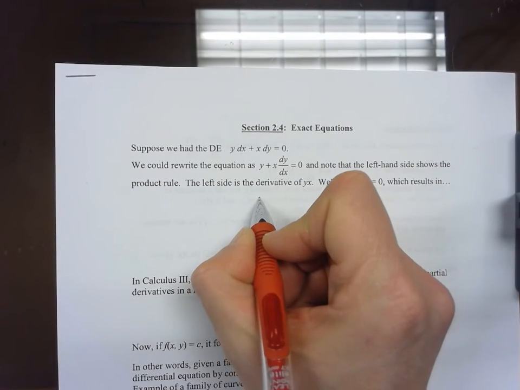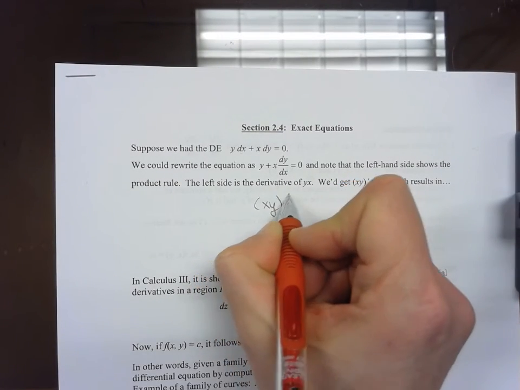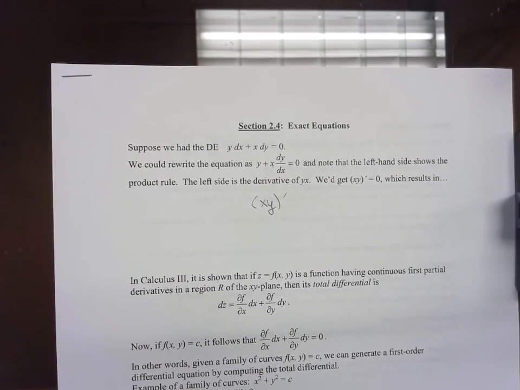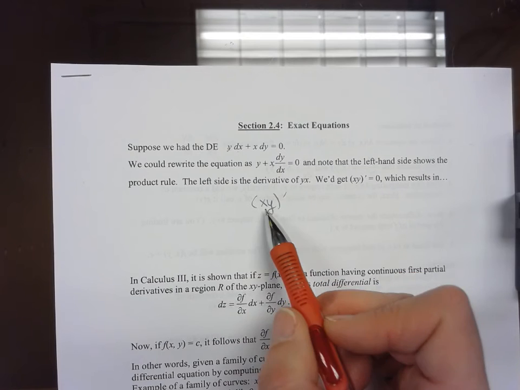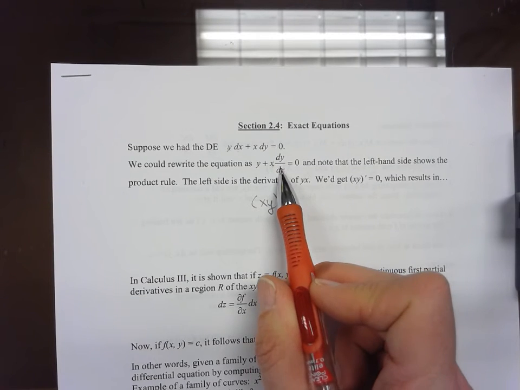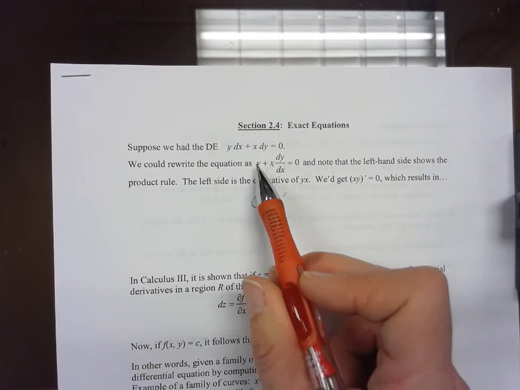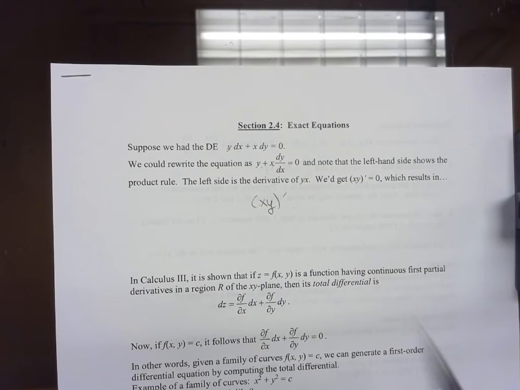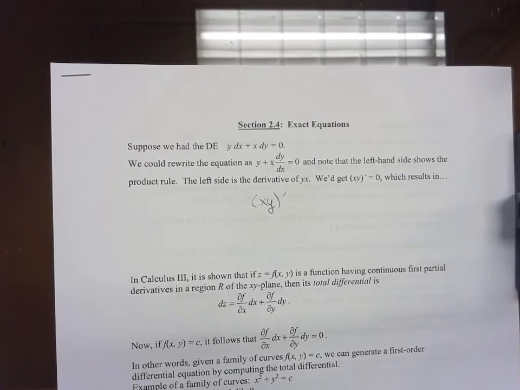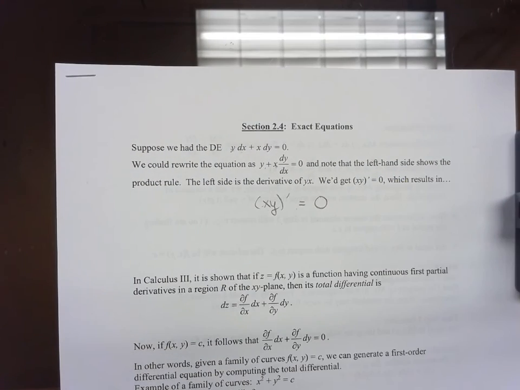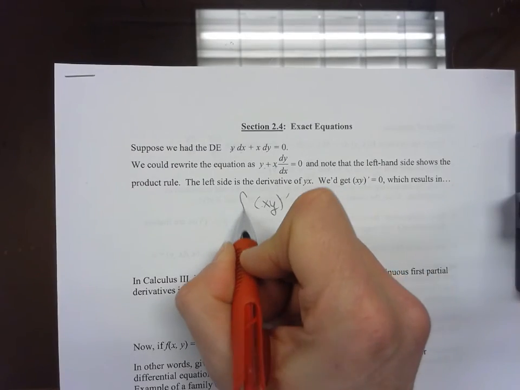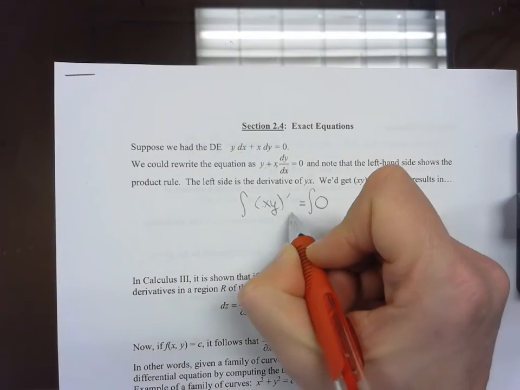If I looked at x times y and took the derivative, we'd get first, which is x, times the derivative of the second, which is dy/dx, plus the second, which is y, times the derivative of the first, which is just 1. So we'd have (xy)' equals 0, and then we just integrate both sides with respect to x.